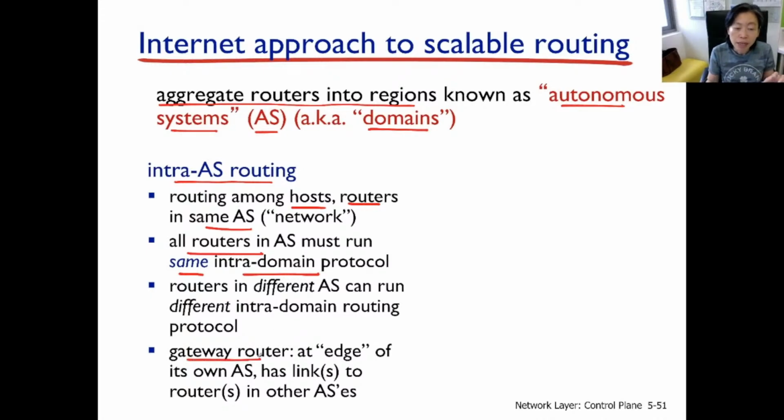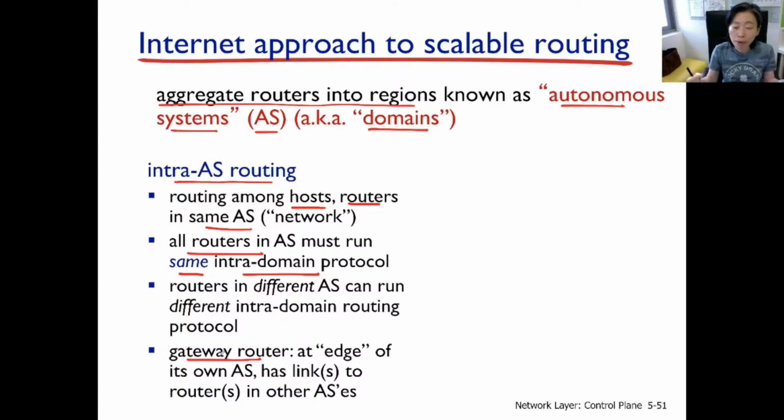Now, each AS will also pick powerful routers, usually sitting at the border of the AS. I called them the delegate routers earlier. A more formal way of calling them is the gateway routers. Gateway is what? The doorway. These routers sit at the border of the AS, connecting to another AS.